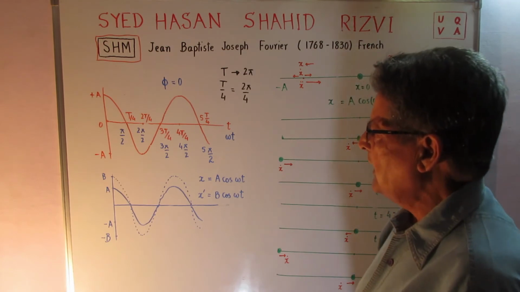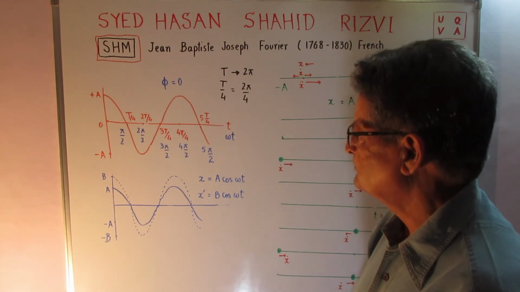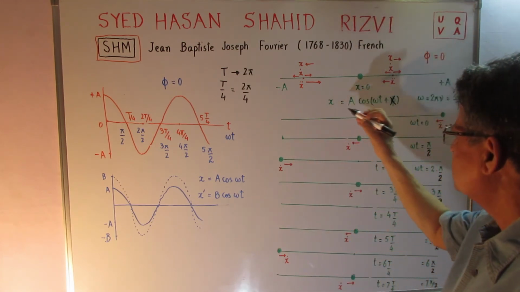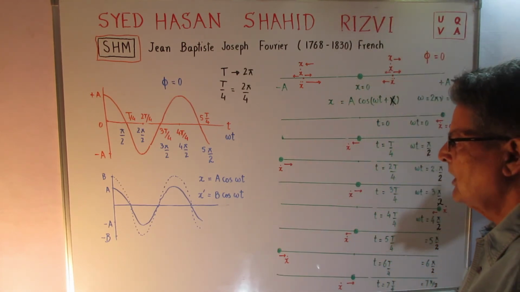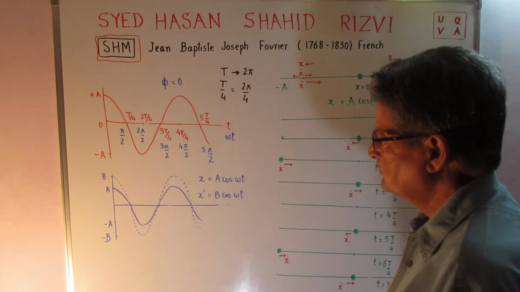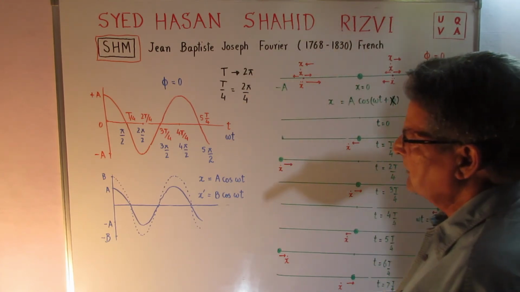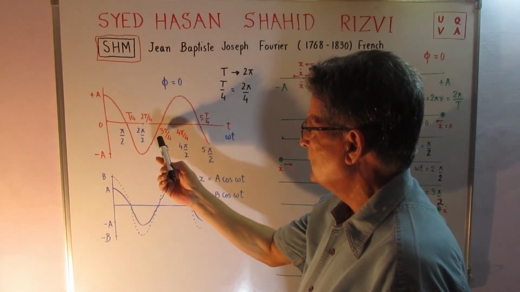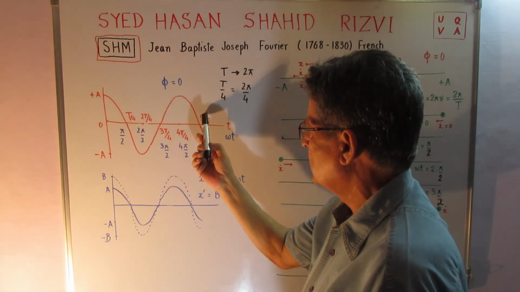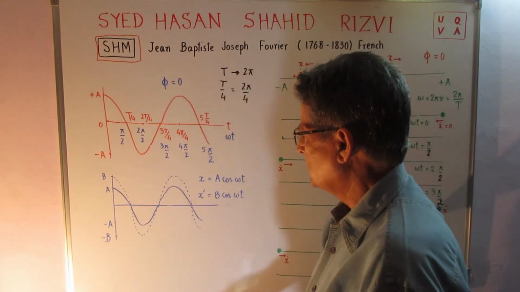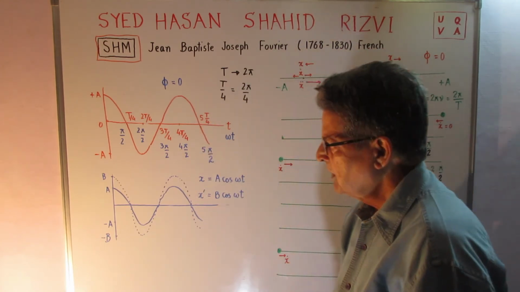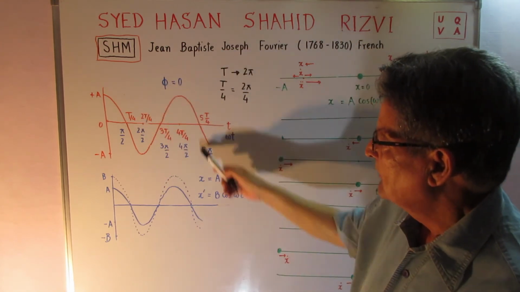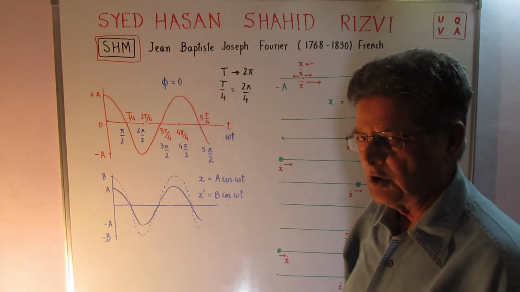It's not to the scale, but still it's not bad. I'm going to draw x is equal to a cos of omega t as a function of time t, and the markings are T by 4, 2T by 4, 3T by 4, 4T by 4, 5T by 4, etc. In some of the books they will write this as T by 2 and this as T. Nonsense.